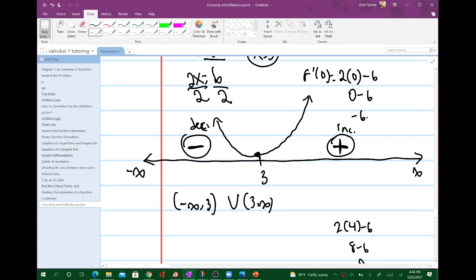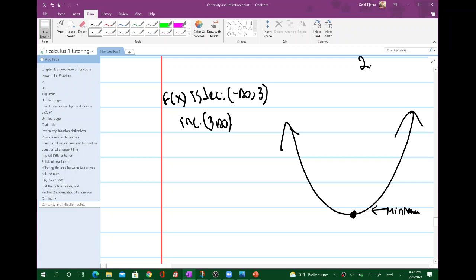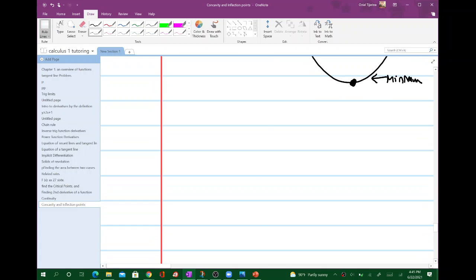This means that the graph is going to have a minimum. I believe they teach this in algebra. When you have something like this, a parabola like this is what we call a minimum. If it's the other way around, we usually call the middle point a maximum. Okay.